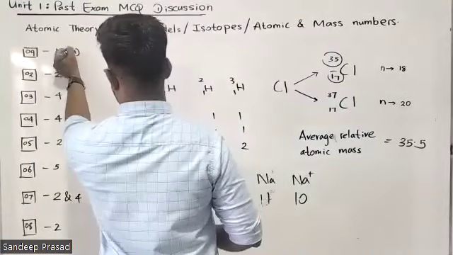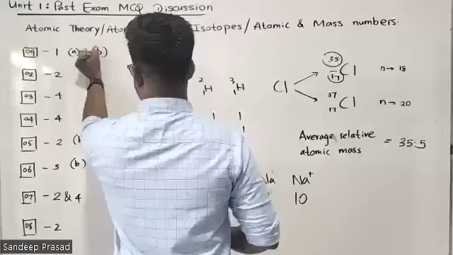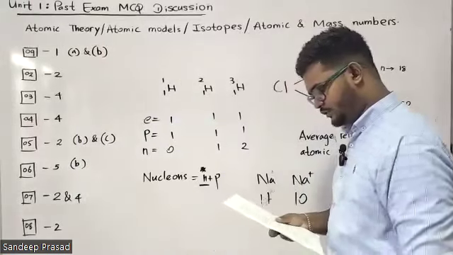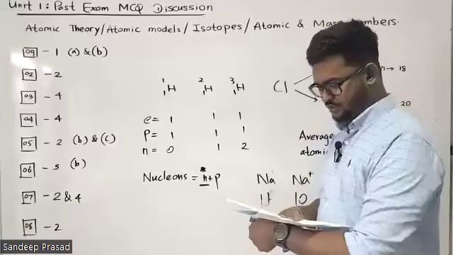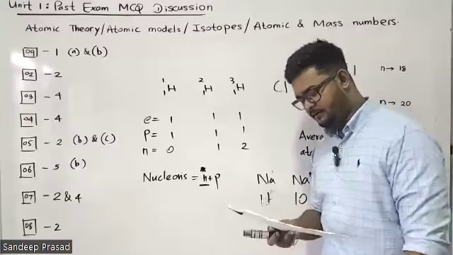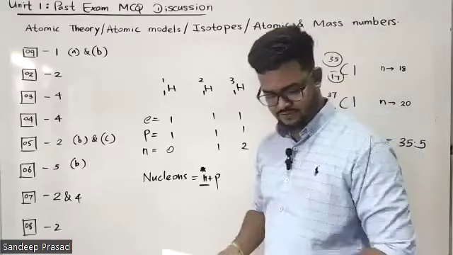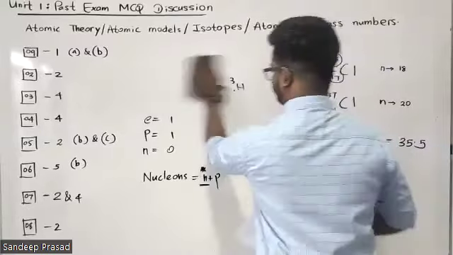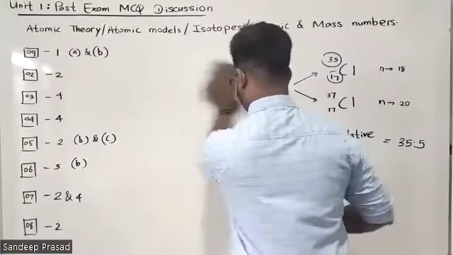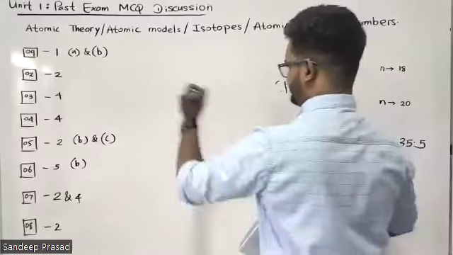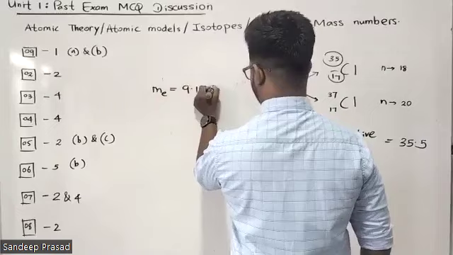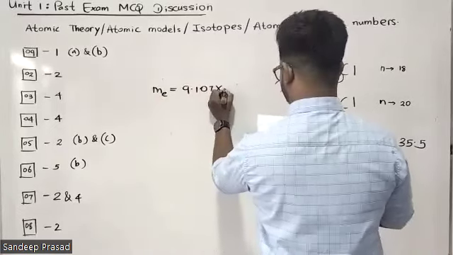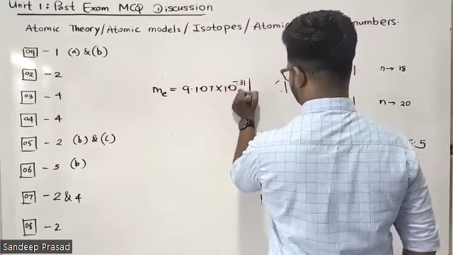Because A and B statements are correct. Now let's move to the next one. The mass of an electron is. They have given 5 options, students. When you analyze these values, first of all, tell me what is the mass of an electron? What is the value we learned? I believe you can remember: 9.107 × 10 to the power minus 31 kilograms.